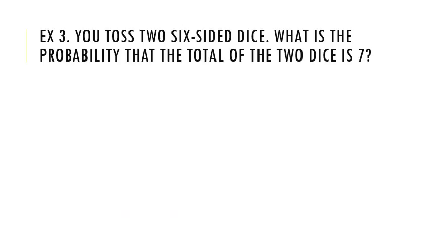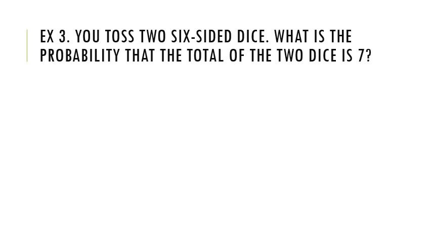So example number 3 is you toss 2 6-sided dice. What is the probability that the total of the 2 dice is 7? So this goes back to the problem that we did in the last section. How many ways are there to get 7 with 6-sided dice?